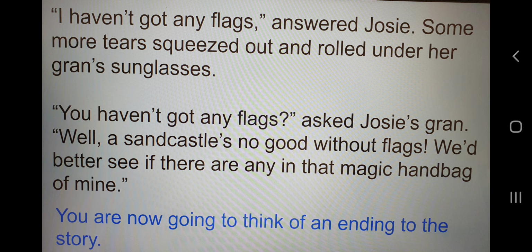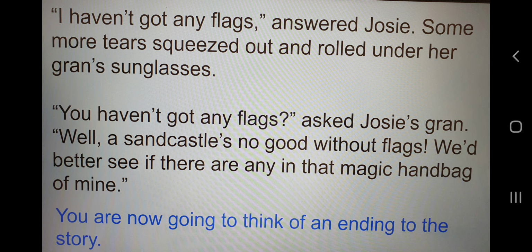"I haven't got any flags," answered Josie. Some more tears squeezed out and rolled under her Gran's sunglasses. "You haven't got any flags?" asked Josie's Gran. "Well, a sandcastle's no good without flags. We'd better see if there are any in that magic handbag of mine."